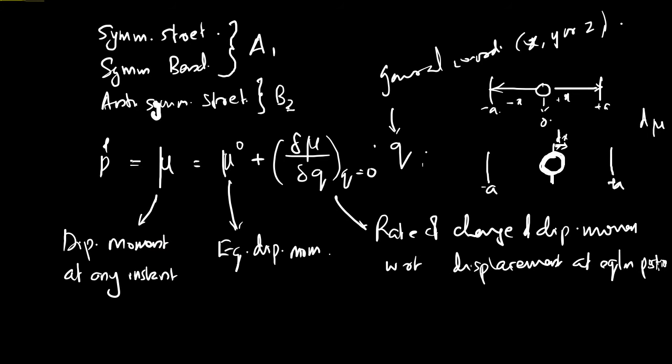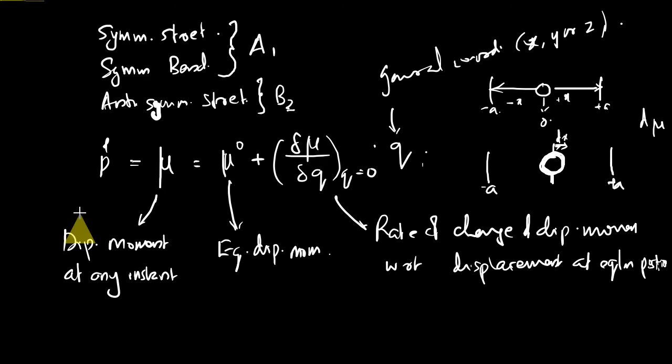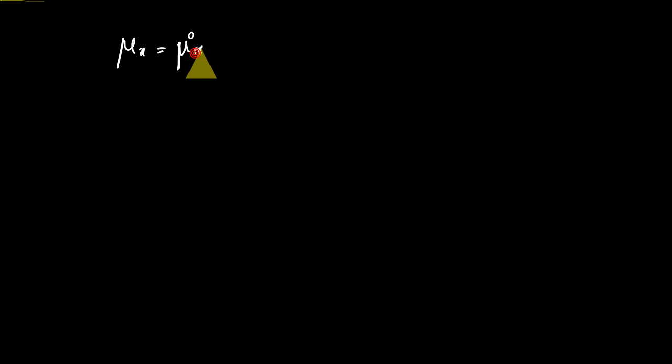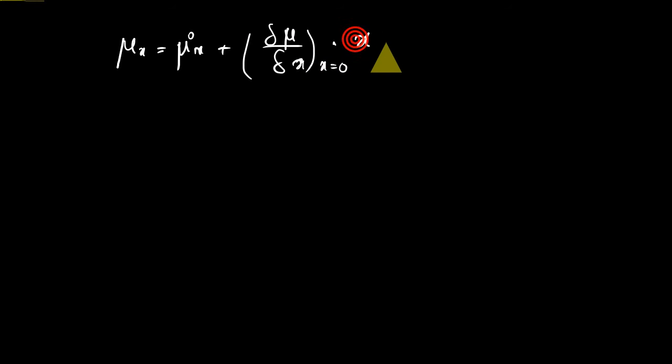From the previous equation, μx is equal to μ0x plus ∂μ/∂x at x equal to 0, the equilibrium position, multiplied by x.